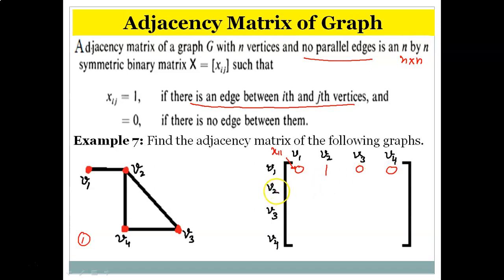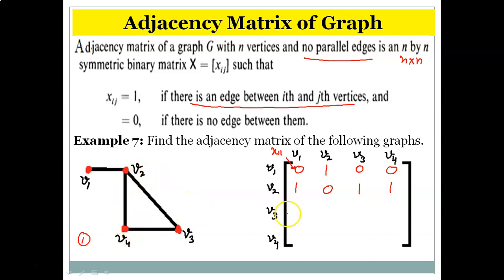Further, from V2 to V1, is there any edge? Yes, so you write 1. V2 to V2 is not there, 0. V2 to V3 is 1 because there is an edge. V2 to V4, yes, there is also an edge, so we write 1.